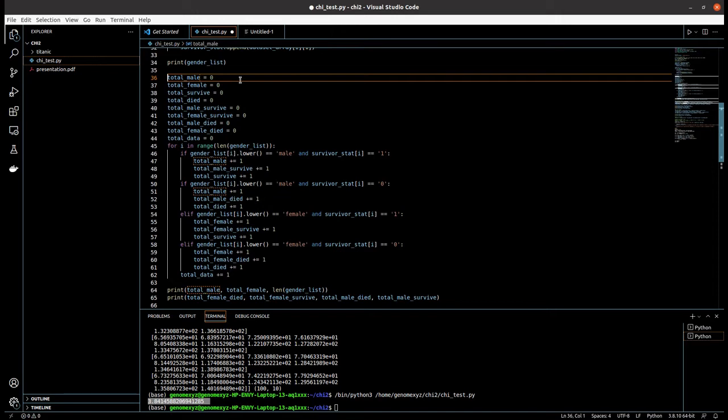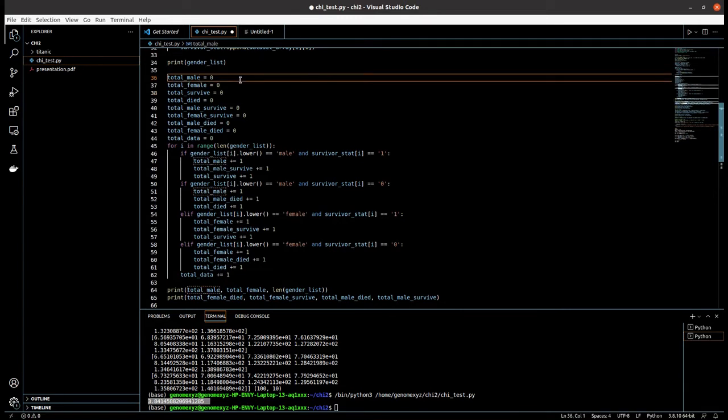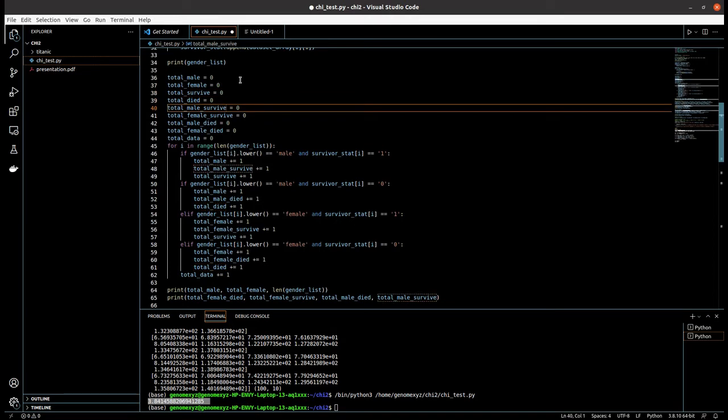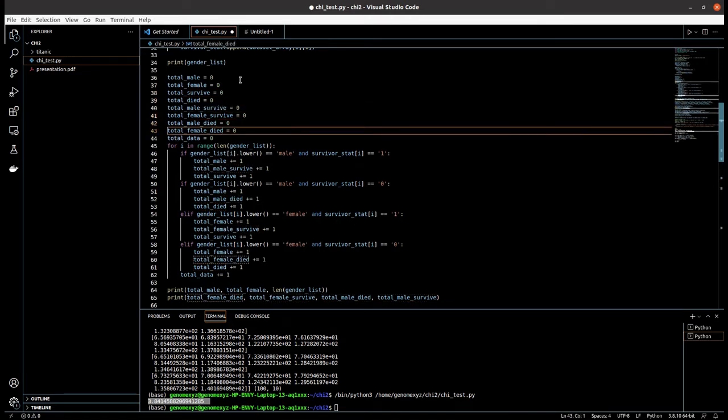And here I count the total male, female, because the gender there is a 2, right? So the total male, female, total survive and die, total male survive, female survive, male die, and female die.